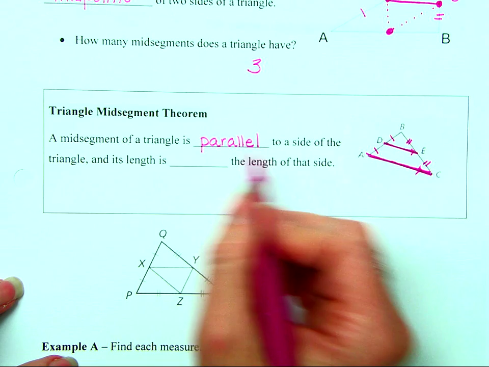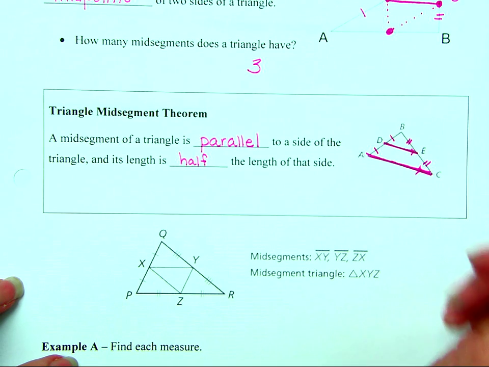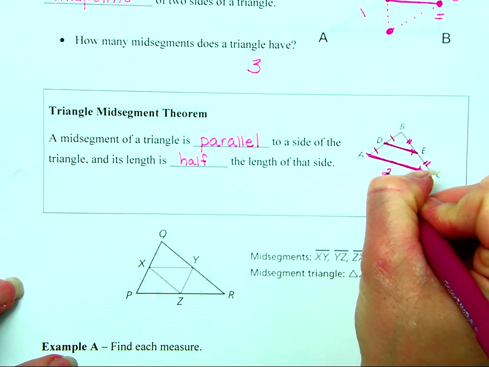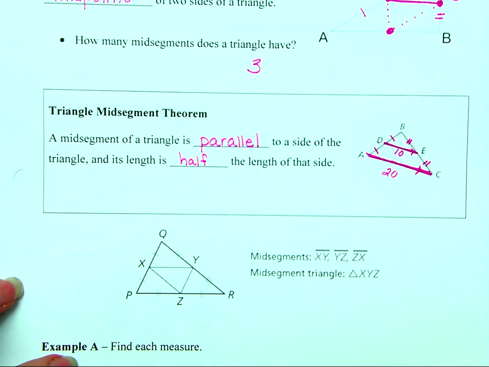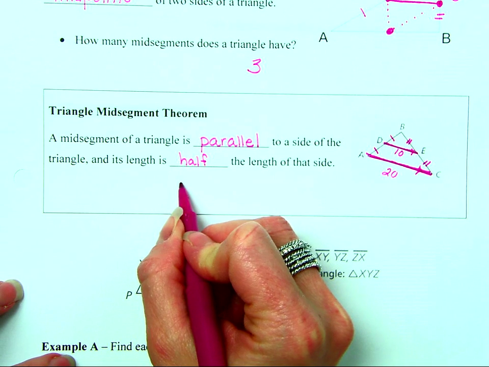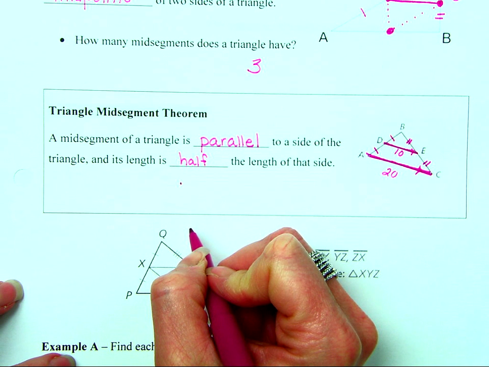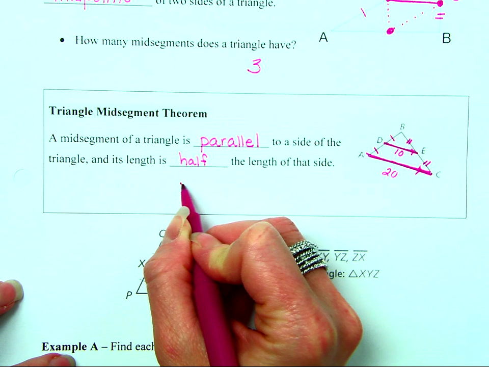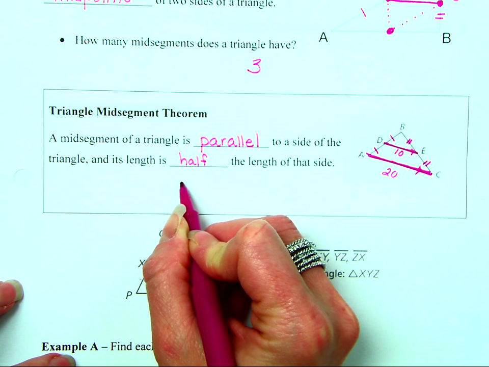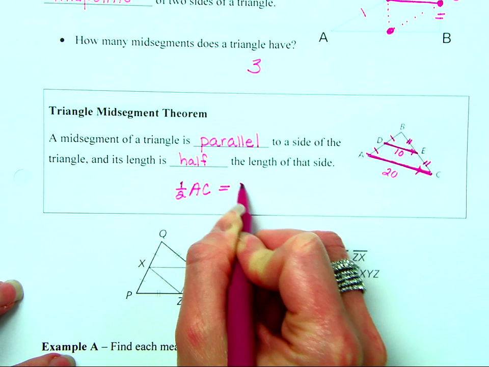And the midsegment is half the length of that parallel side. So if this were to have a length of 20 units, this were to have a length of 10. Or we can say that if I have my length of AC, half of AC equals DE.